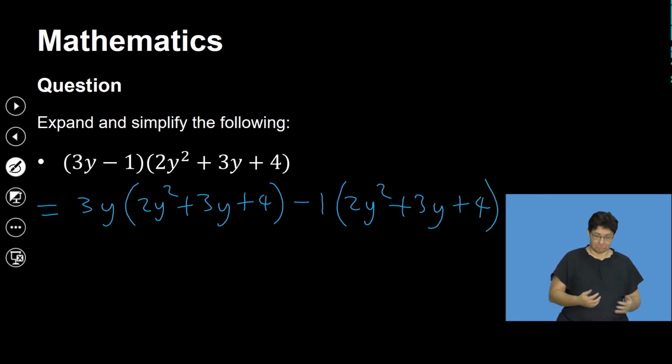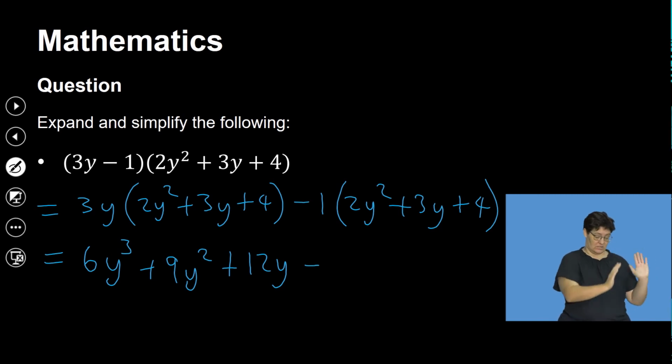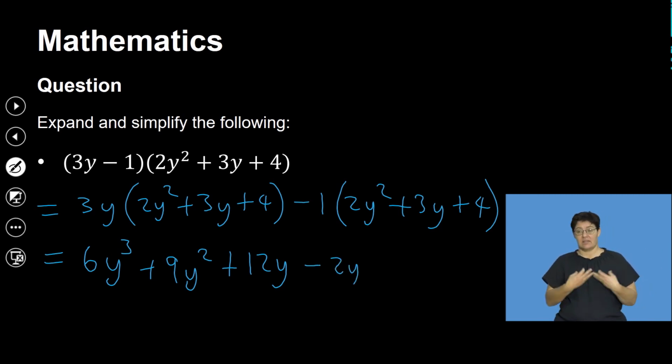If you then apply your distributive law here, you will find this to be 6y cubed and then plus 9y squared plus the 12y. That's the first bracket. The second bracket will give me 2y squared minus 3y minus 4.